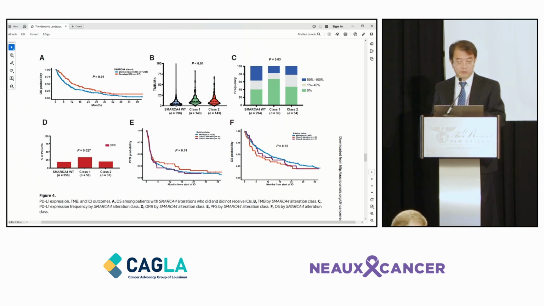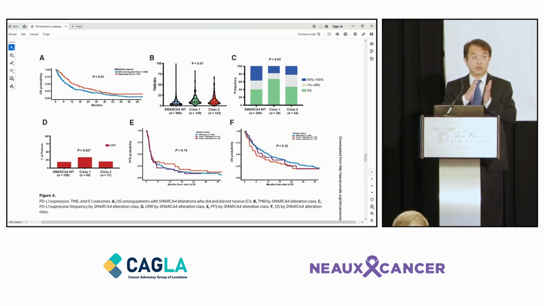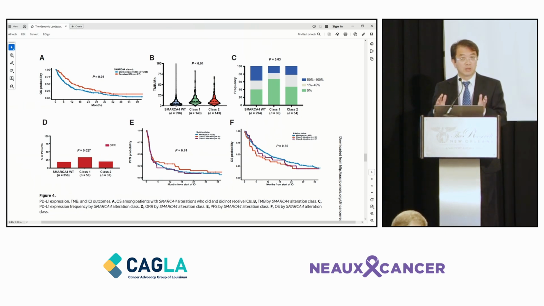This is very interesting, it summarizes a lot of information. Panel A shows the SMARCA4 deficient patients. If we treat patients with immune checkpoint inhibitor immunotherapy, the overall survival is much better. And panel F shows that among those patients who received the immune checkpoint inhibitor treatment, the difference in prognosis between the wild type and the mutated patients disappeared.